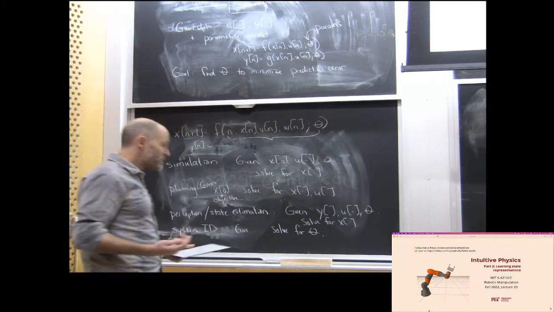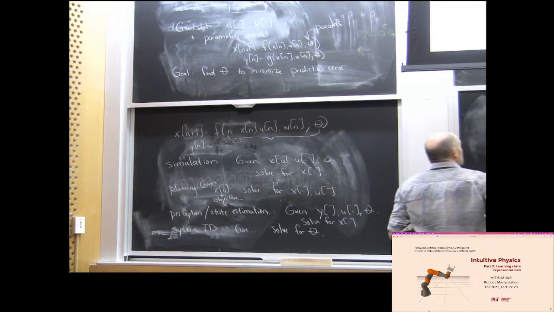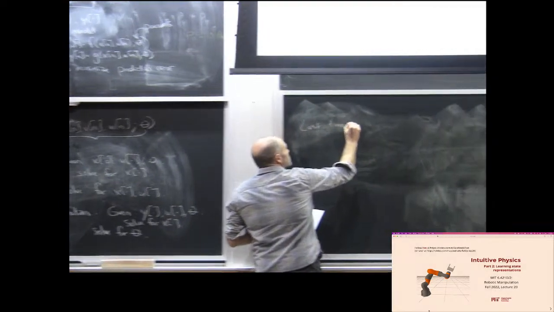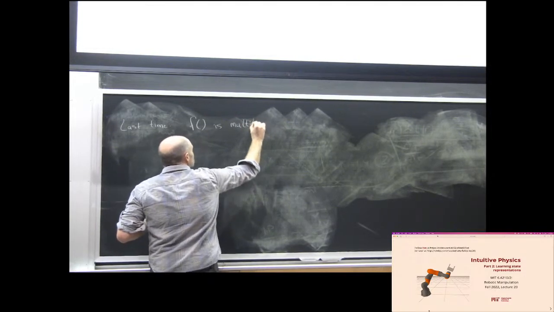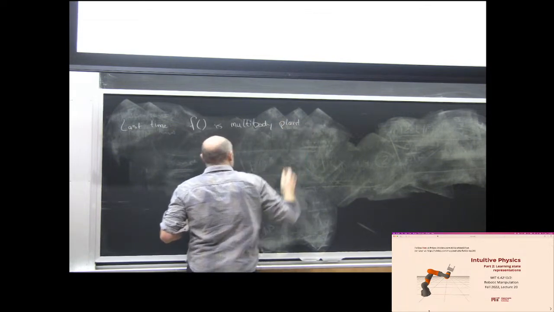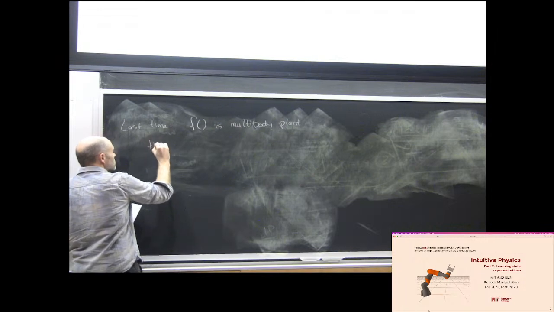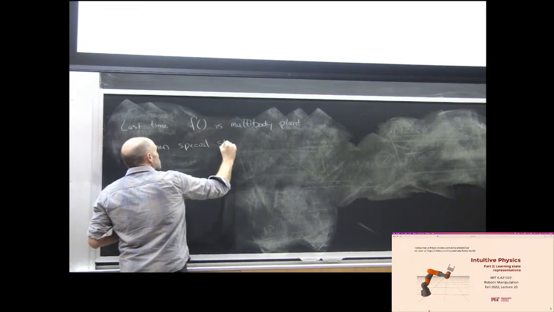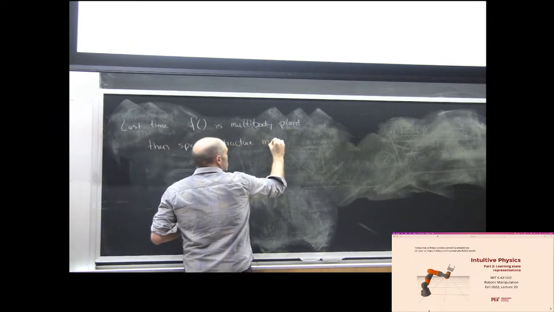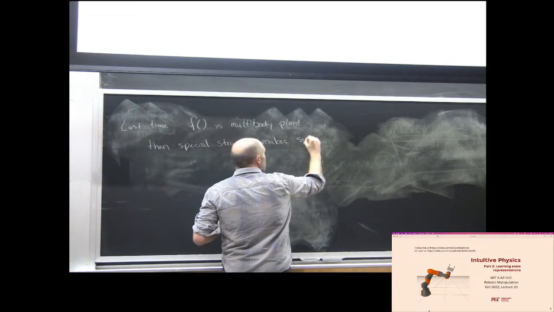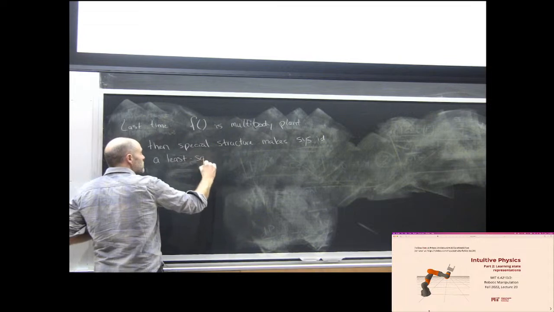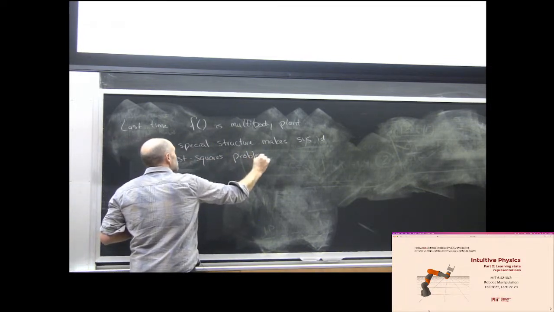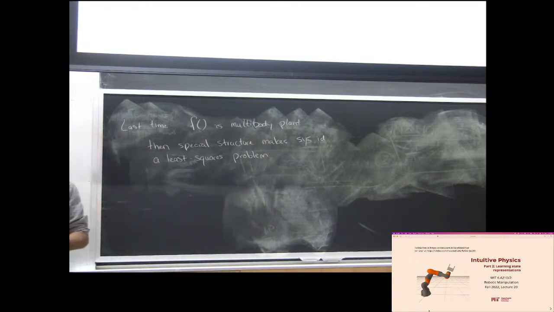If I change F, basically last lecture, we said when F is a multi-body plant, then there's special structure that makes system ID, or parameter estimation in this case, a least squares problem, at least in some descriptions of it.